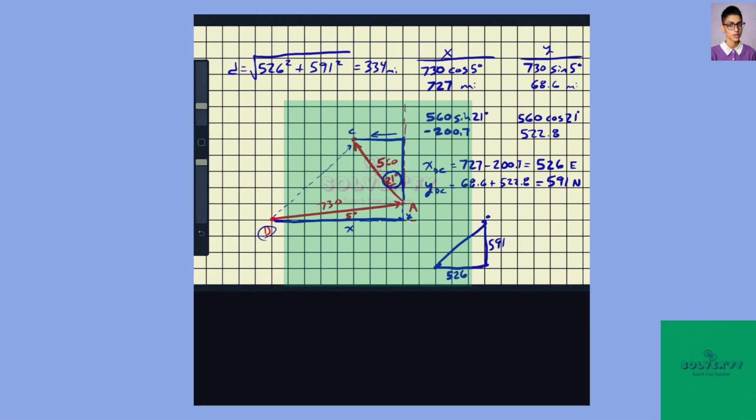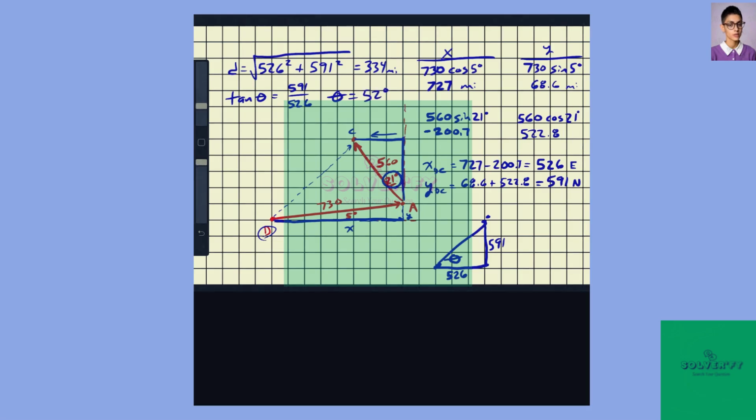And then our angle, if we're looking at that angle right there, we know that the tangent of that angle is going to be 591 divided by 526. And so if we take the inverse tangent of both sides, we get that the angle is going to be 52 degrees.